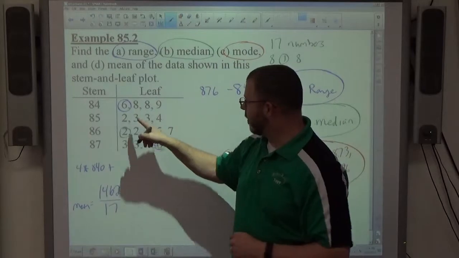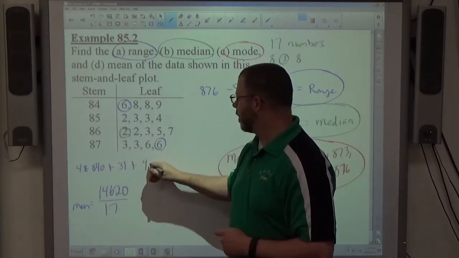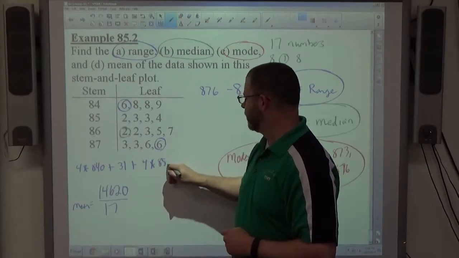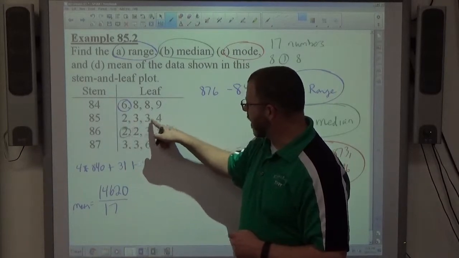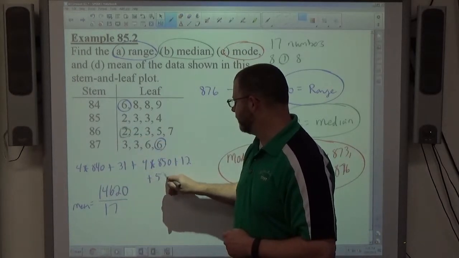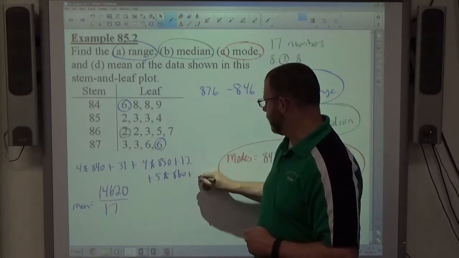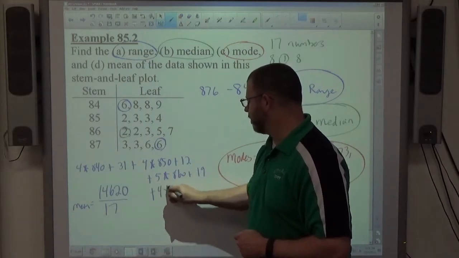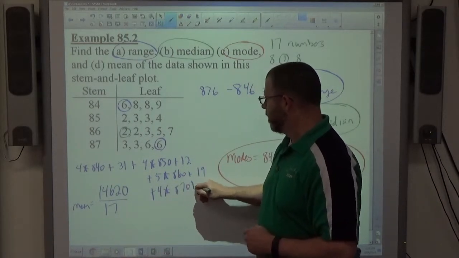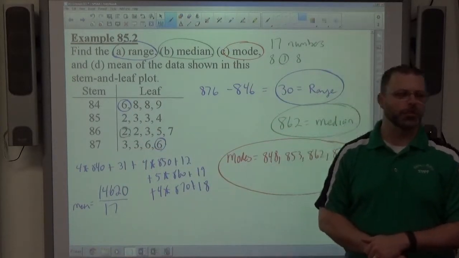And then 14, 22, 31. And there's 4 numbers in the 850s. And then you add to that 5, 9, 12, and there's 5 numbers in the 860s, and there's 4, 7, 12, 19, and there's 4 numbers in the 870s, plus 6, 12, 18. That would get you the same result.